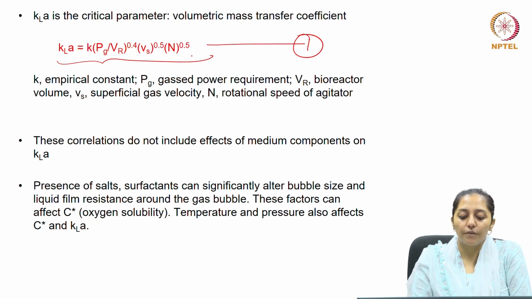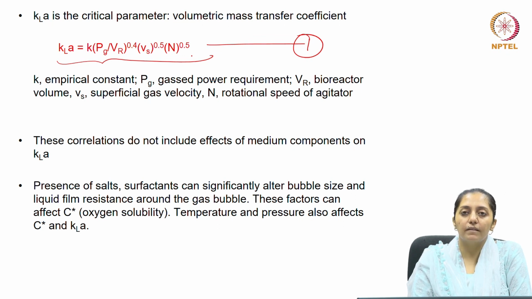However, the presence of salts and surfactants can also significantly alter the bubble size due to their effect on surface tension, which forms the liquid film resistance around the gas bubble, and thereby change the bubble size, which changes the surface area for mass transfer. And the thickness of the film changes, so it is also impacting the mass transfer coefficient.